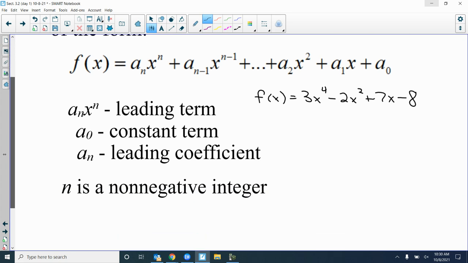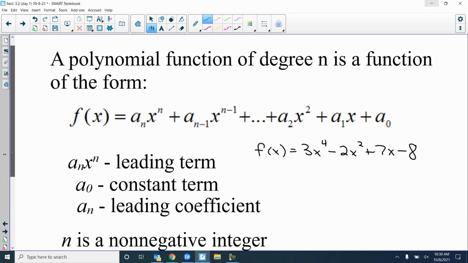Couple key things. N are your powers. We want them in decreasing order down to the constant. A sub n minus 1 just refers to the coefficients. N has to be a non-negative integer. Has to be positive, and an integer means it's a whole number.